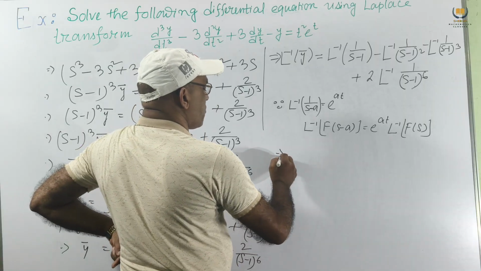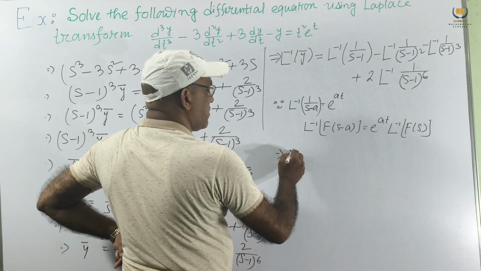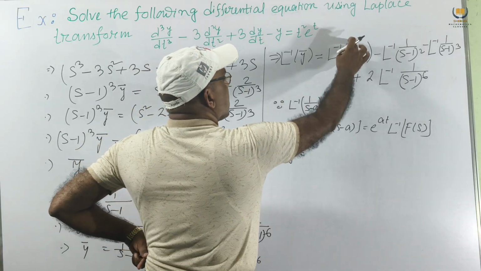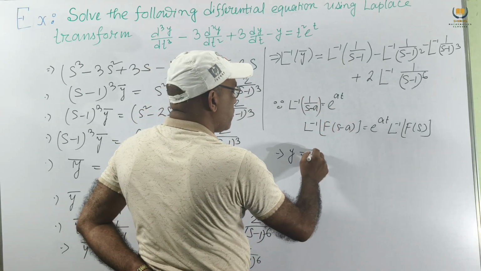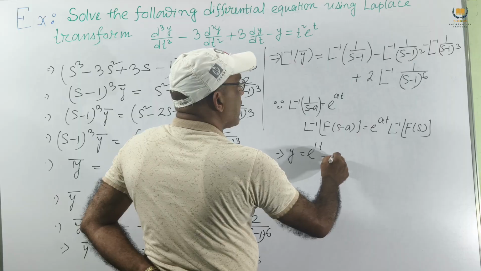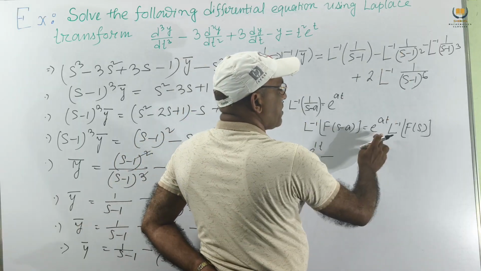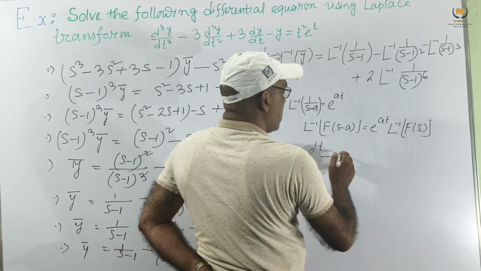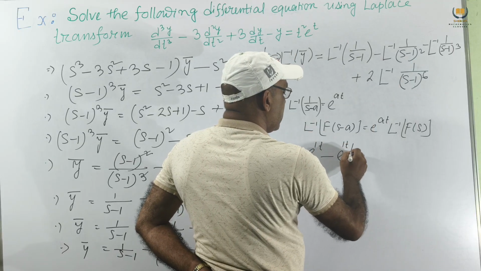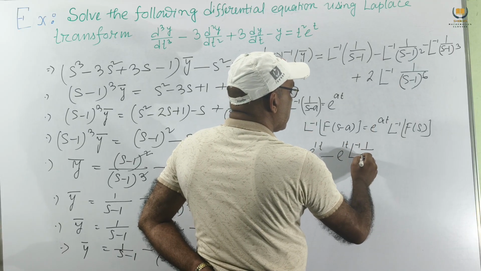Now using this formula, here L inverse y bar means y, 1 by s minus a is e to the power 1t, and using first shifting property, we remove this 1, then e to the power 1t, L inverse 1 by s square.